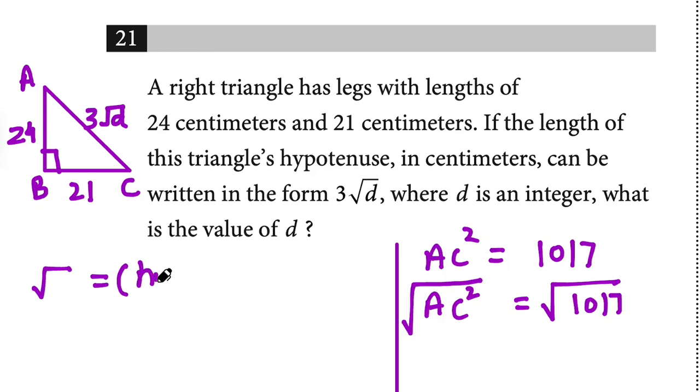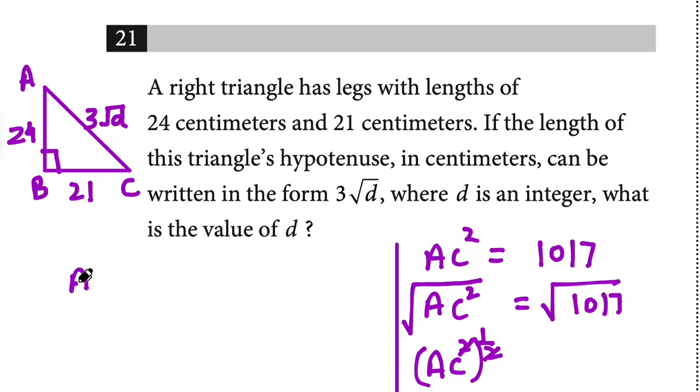Whatever is the number inside, it has power 1 by 2. So if you apply that rule over here, AC squared raised to power 1 by 2 will be AC itself, right? So we can find the value of AC, the hypotenuse, by taking the square root of 1017.